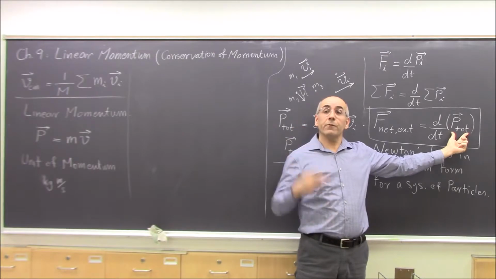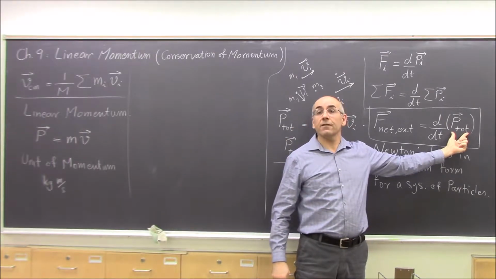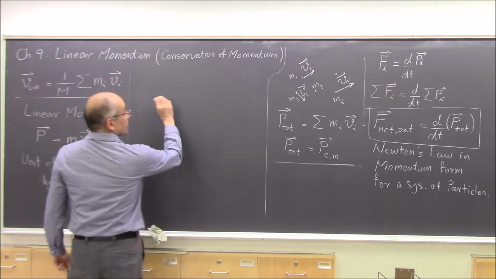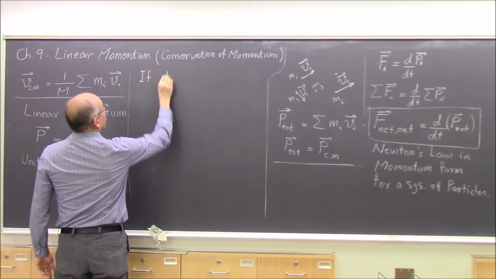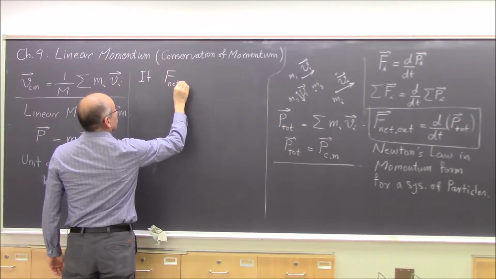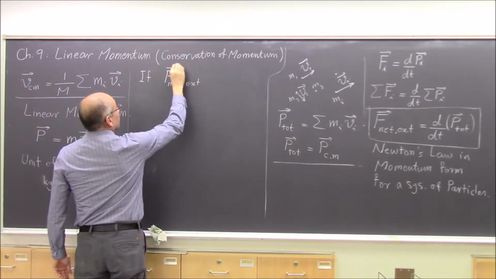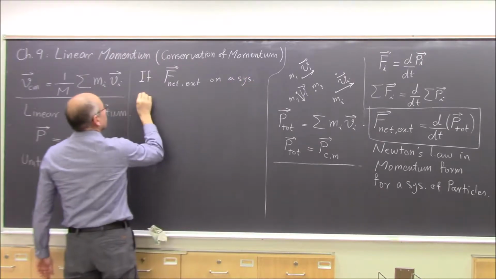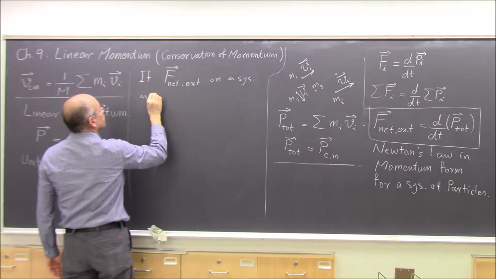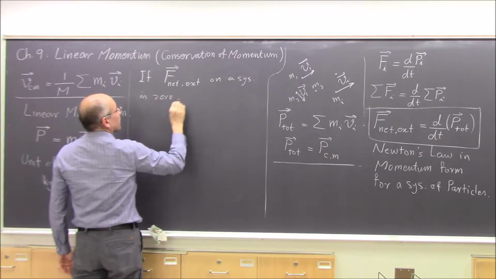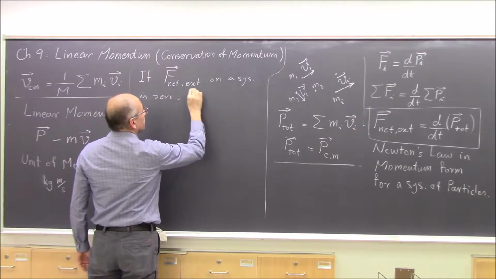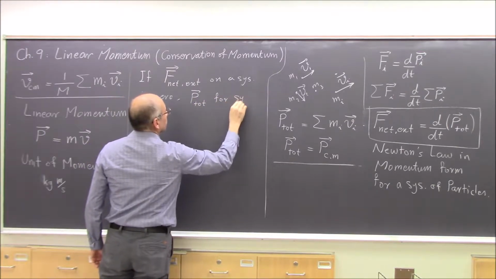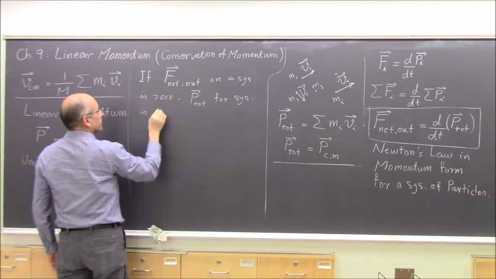Therefore, the total momentum is conserved. That's conservation of momentum. Very simple. So if F net external on a system is 0, then P total for the system is conserved.